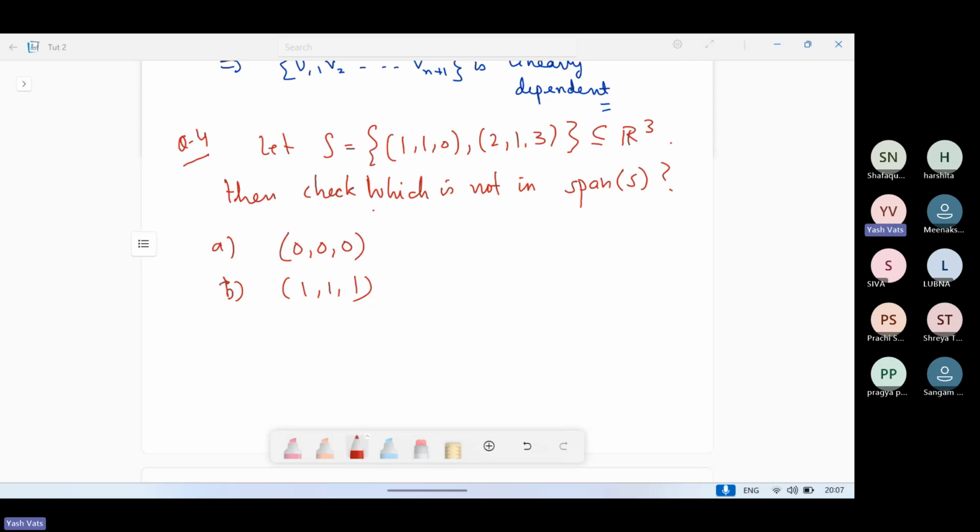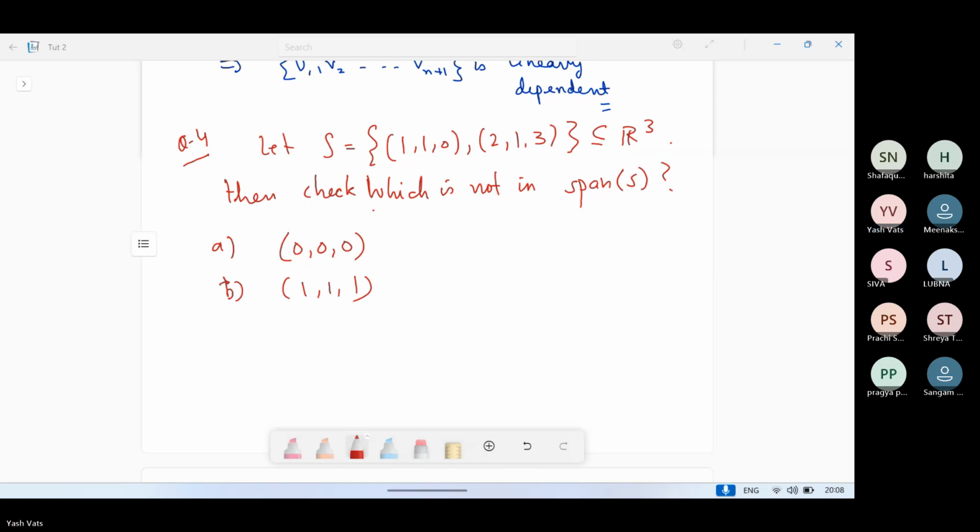Is 0 always in the span? Let's see. 0 may not always be in the span.